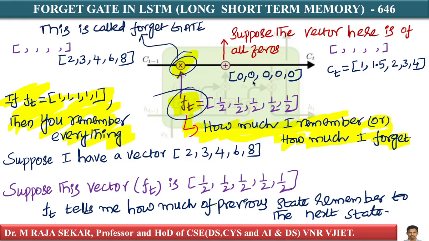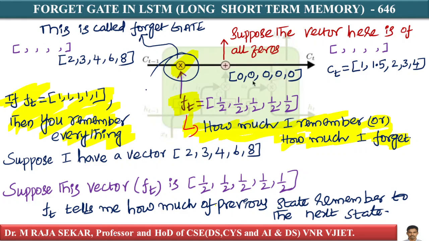This particular gate, this point-wise multiplication, is called the forget gate because it gates how much information should go from CT minus 1 to CT, from the previous stage to the next stage, or what percentage of information should go from CT minus 1 to CT.